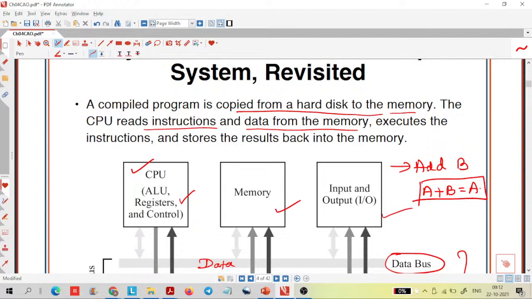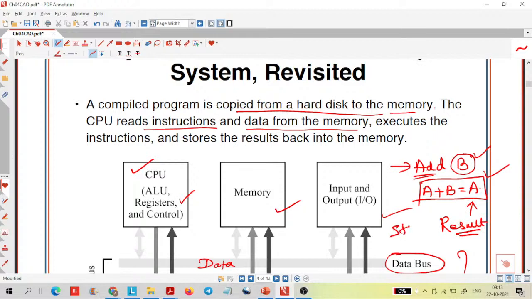ADD B means add the content of the accumulator and the content of the B register, and store the result in the accumulator. The CPU reads the ADD instruction and the data, the values stored in the B register and A register, from memory. Once executed, it performs the addition operation and stores the result back. ADD B means add the content of the B register to the content of the A register and store the result in the A register.